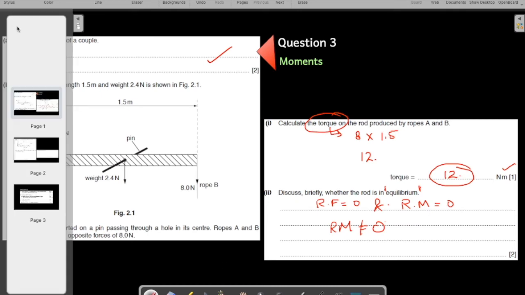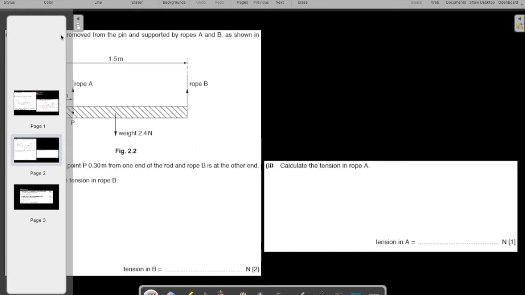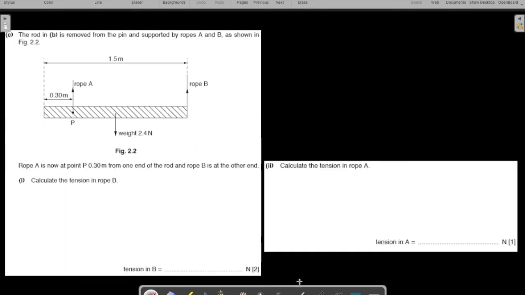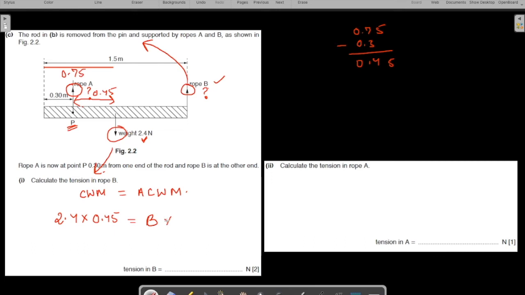So this is a question which extends to the second screen as well. Times the distance of B from the point P. So how much is it? Half the distance is how much? 0.75 plus 0.45.